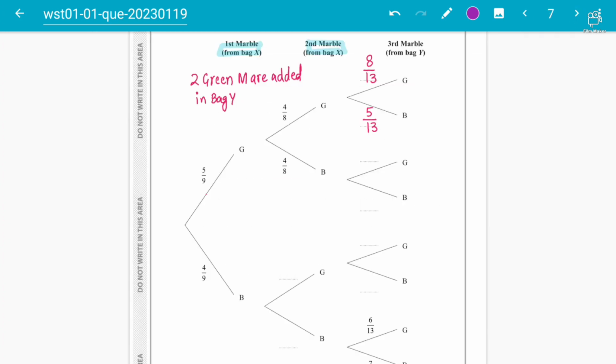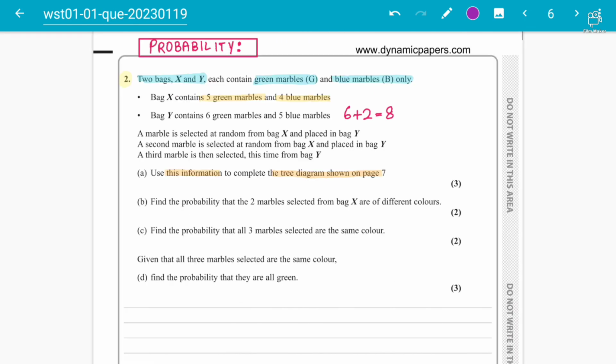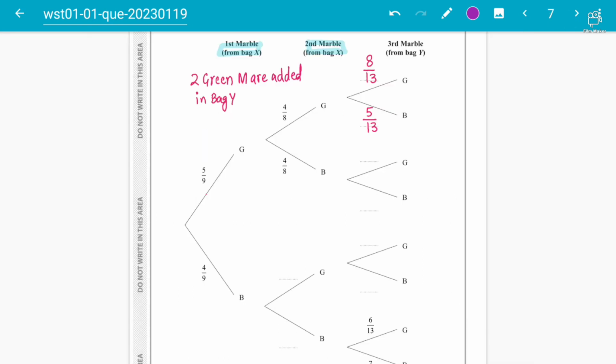So again, coming back, it was the green marble from the first bag, then blue marble from the second bag. So if you are selecting the third marble from bag Y, you need to understand that bag X marble is being put into bag Y, which will indicate that there were already 6 green marbles existing in bag Y. Now you are adding plus 1 marble in it, that is this one marble coming in. So it will be, sir, 7 upon 13 for this one, okay?